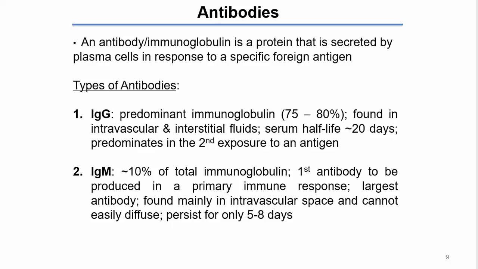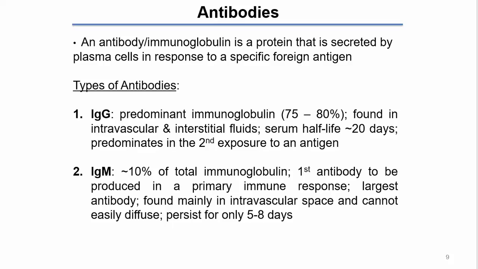Now, the IgMs are the next most common. So it's about 10% of the immunoglobulins. We see these mostly in the first response to antigen. They are large. They're really pentamers. There's kind of 5 units all stuck together, and they're mostly used for precipitation and agglutination.